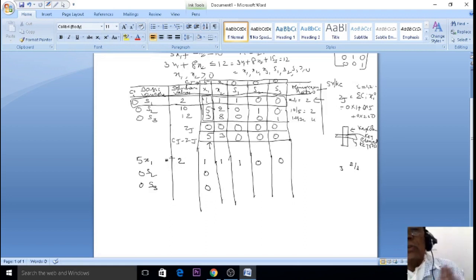Don't use your calculator, don't convert into decimals, please, fractions only. In the simplex table, you don't have the right to use decimals, only fractions. So 1 divided by itself, 1, 1 divided by 1, 1. For the key column, write down 0 and 0, because the key column is purely connected to the unit matrix.